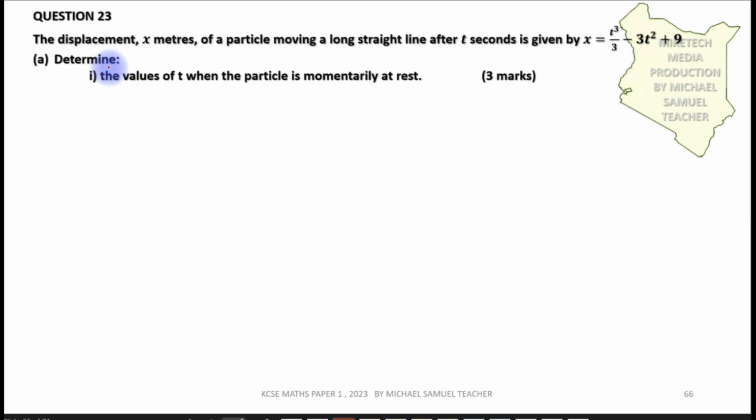Therefore, the displacement of a particle is x meters, moving along a straight line, t seconds, so it's given by x is equal to t cubed over 3 minus 3t squared plus 9.